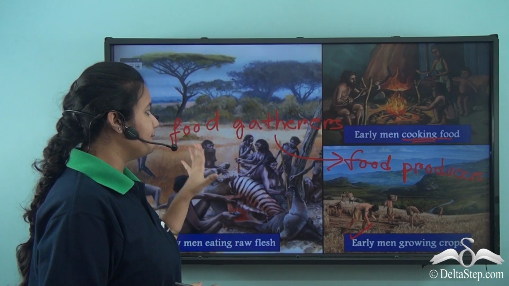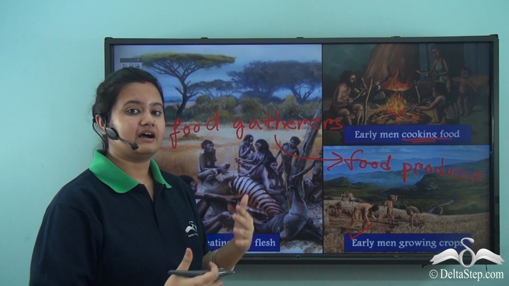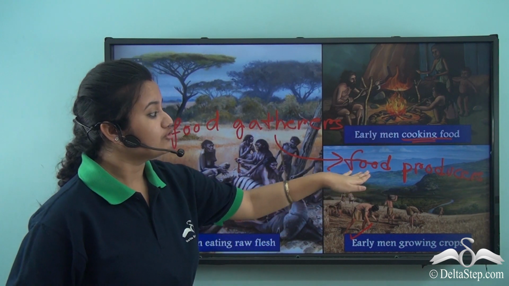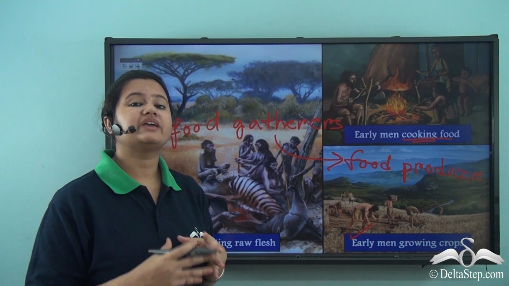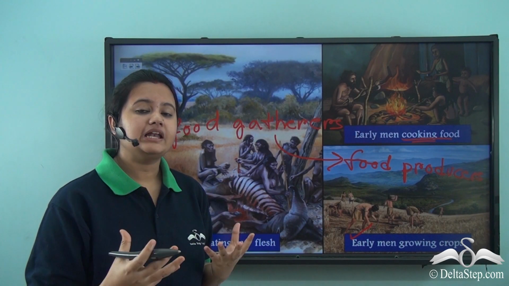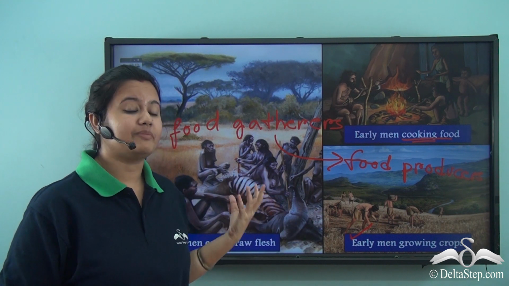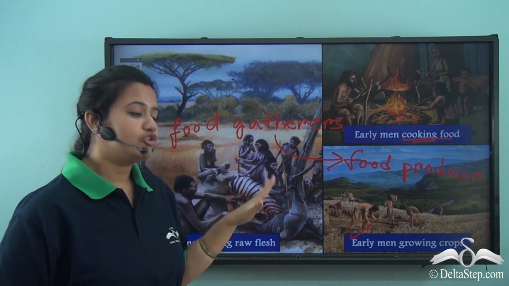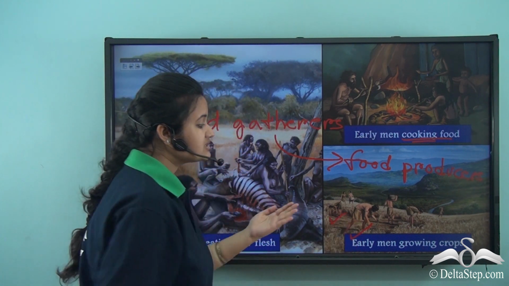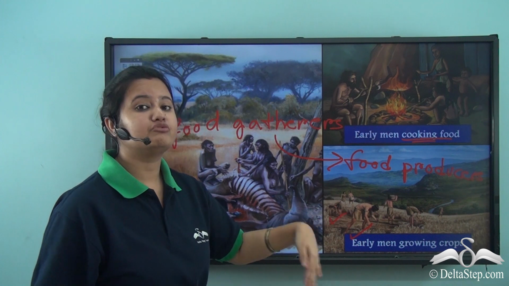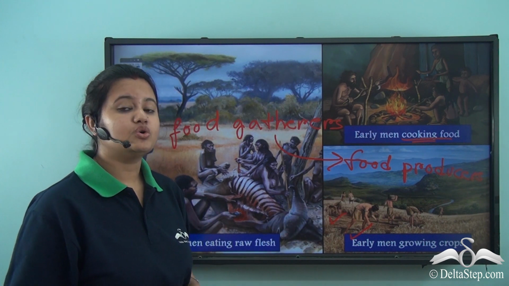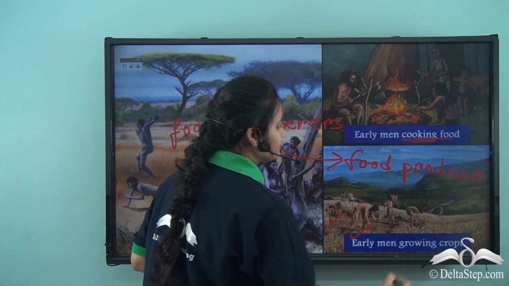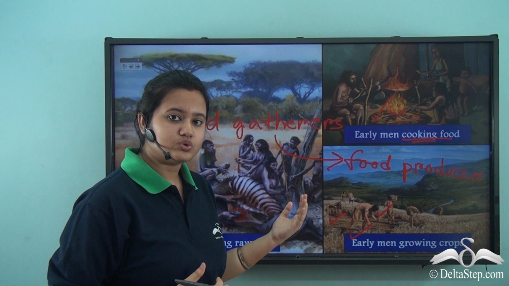Earlier, men were food gatherers and hunters, but gradually with time they progressed as food producers. From this, we can infer how the value and utility of a resource to man changed with time and technological progress. For instance, soil was now used as a medium for growing crops. Also, wood was used as a fuel and also for making agricultural tools.